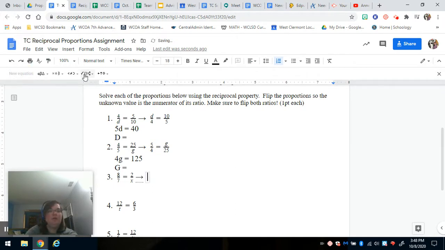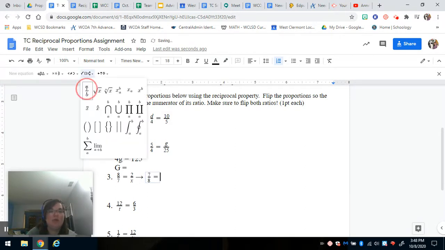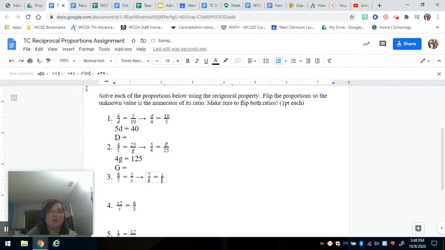All right, new one. The reciprocal of 8 over 7 is 7 over 8. We set that equal to now x over 2. So there's our reciprocal. The x is now in the numerator position. Now we're going to cross multiply.